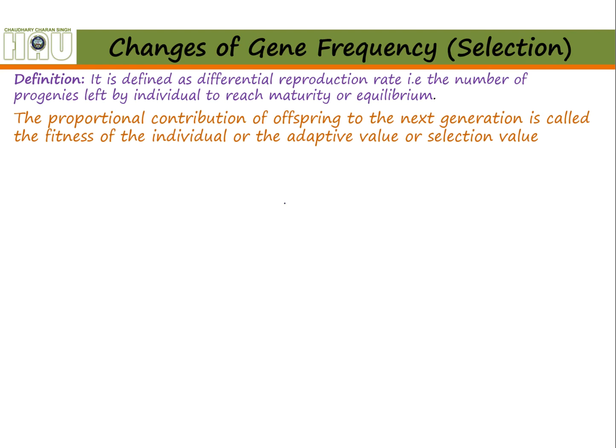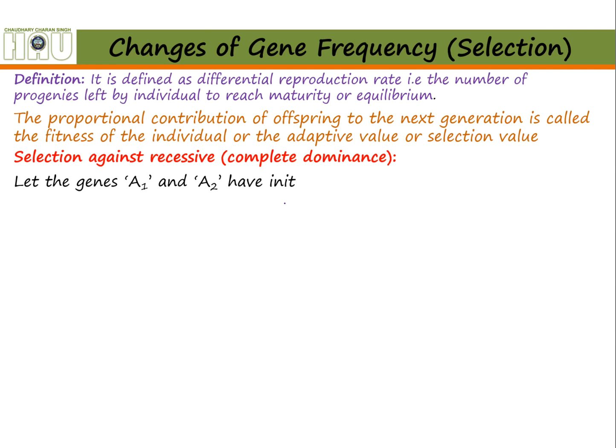So we will take the first example of selection, when selection is made against the recessive and there is complete dominance. How does the change in gene frequency occur generation after generation when we make the selection against the recessive and complete dominance is there?